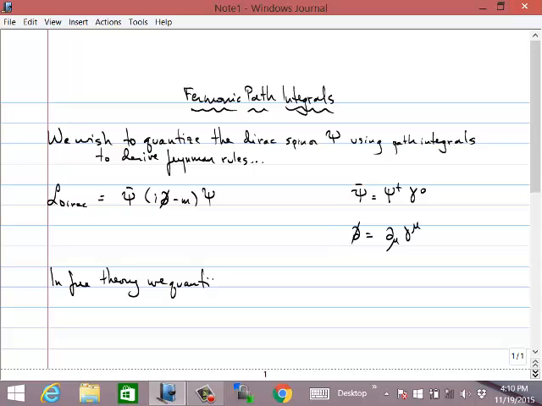Okay. And when we quantized the free Dirac theory, we quantized by writing psi as an infinite sum of oscillators, just as we did for the free scalar field. But we expanded in terms of fermionic oscillators rather than bosonic oscillators.